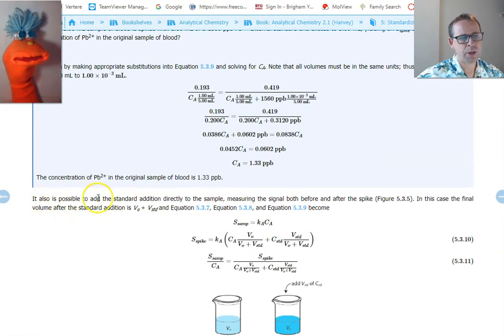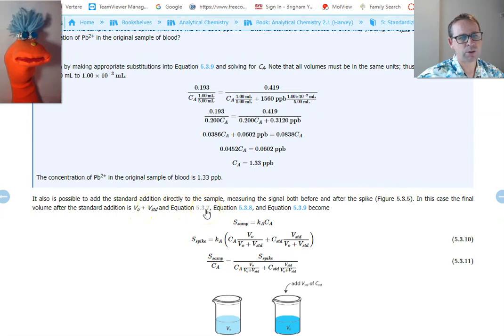So it's also possible to add a standard addition directly to a sample, measuring the signal both before and after the spike. In this case, the final volume after the standard is the volume initial plus the volume of standard.